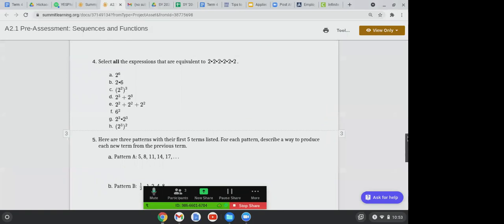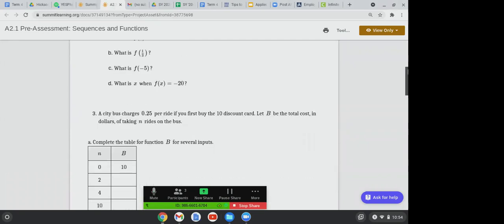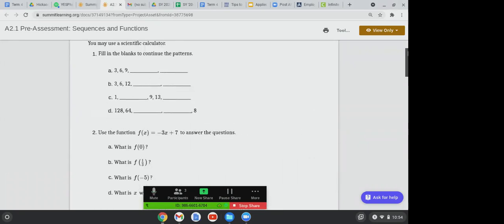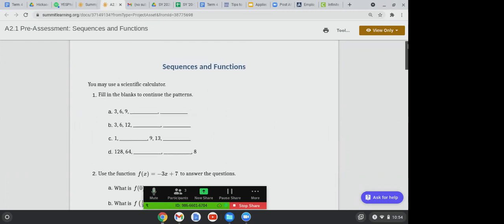All right, so the other day, I asked you all to look at the pre-assessment. Again, the pre-assessment is for me to see what you remember about where we're going.